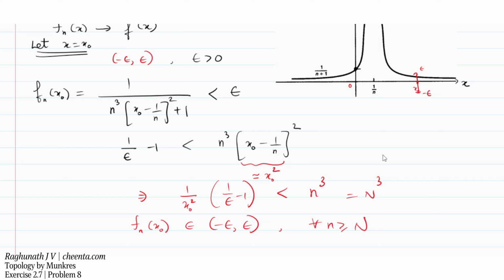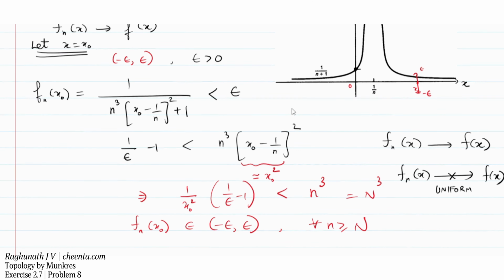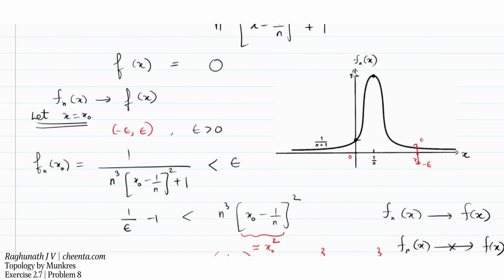Okay. Now we know that fn of x converges to f of x. But we will now prove that fn of x does not converge uniformly to f of x. That will be easier to see because we can see that the 1 by n will always assume a value 1.